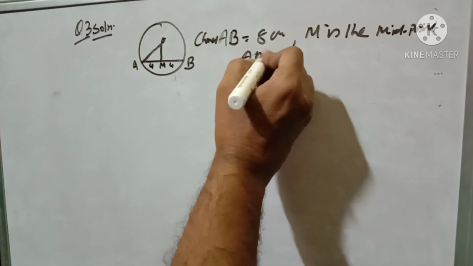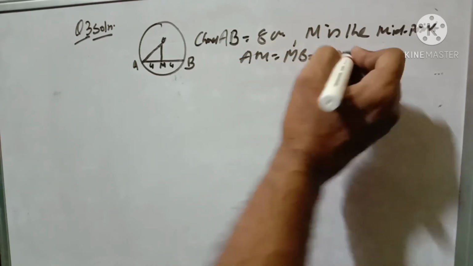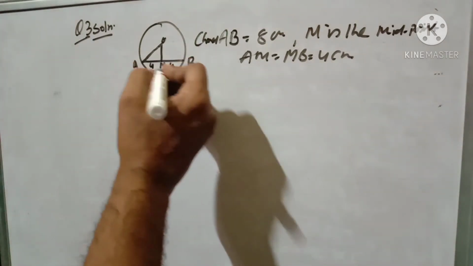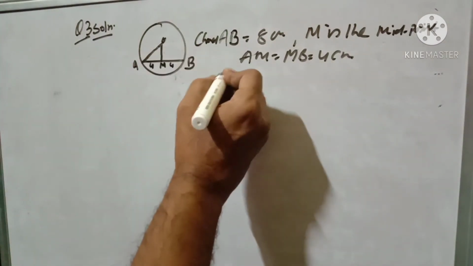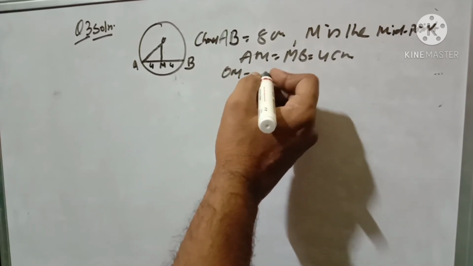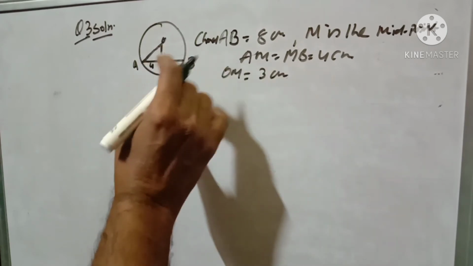Therefore AM equal to MB equal to 4 centimeter. And OM, this distance is given. OM is given 3 centimeter. Now we have to find out the radius.